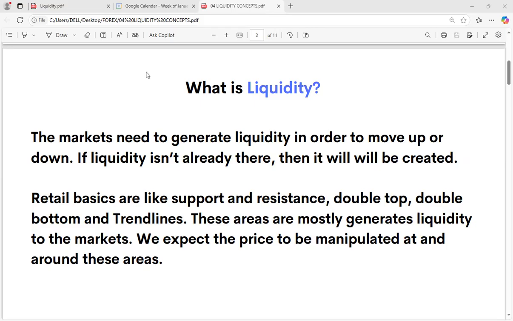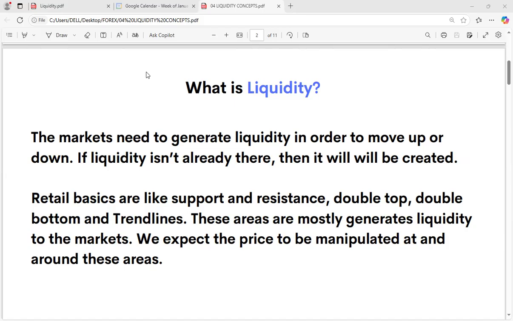And how is this liquidity formed? It is through the concepts of retail traders. Most retail traders trade by using support and resistance, double top, double bottom, and trend lines. So we can get liquidity by just thinking like those big financial institutions.